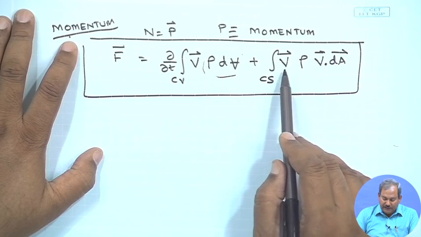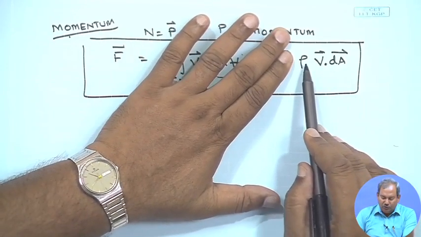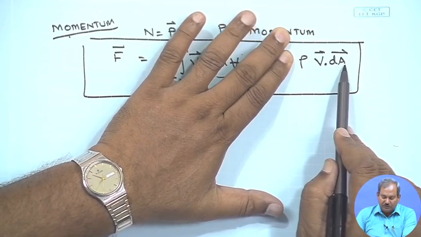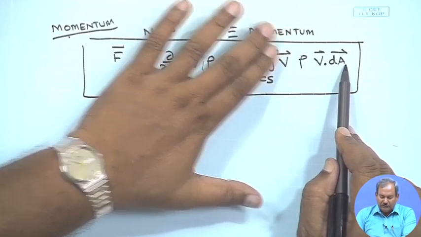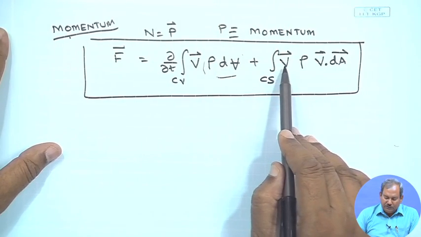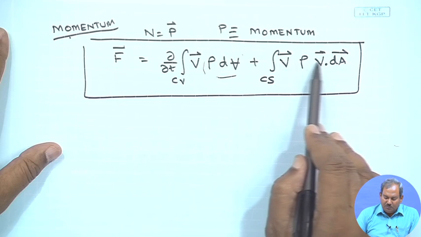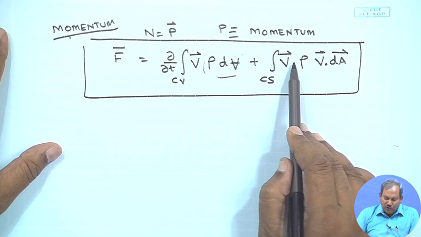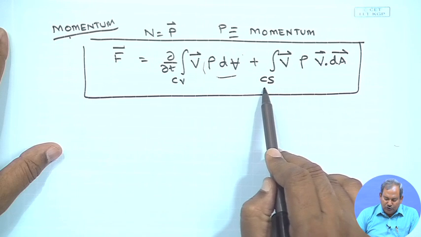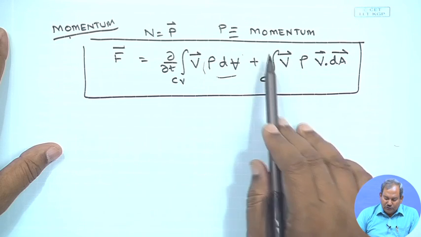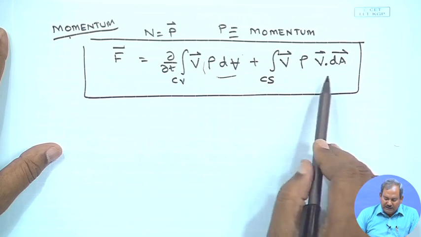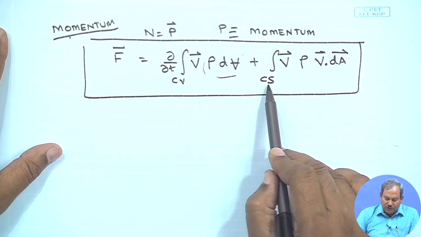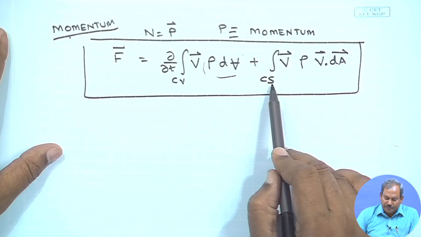I come back to over here: what this tells me is that rho v dA is the mass which is entering the control volume through the control surfaces, and once you multiply it with v, this is the momentum which is either coming in or going out of the control volume through the control surfaces. So, this term signifies the net addition of momentum through the control surfaces because of flow.